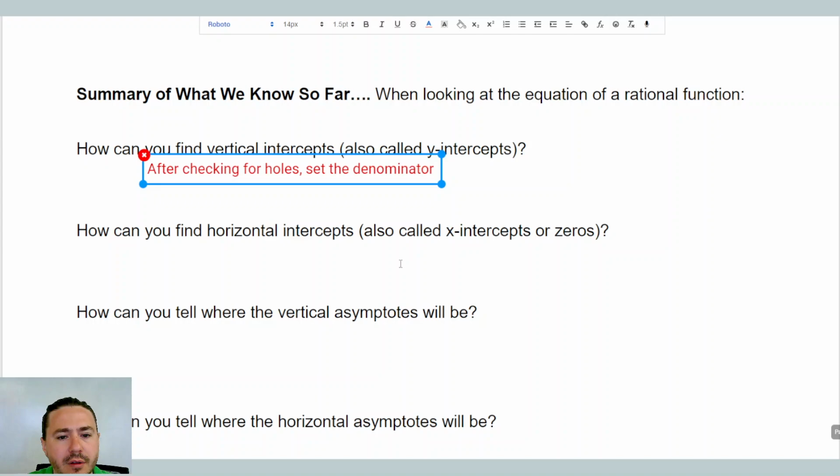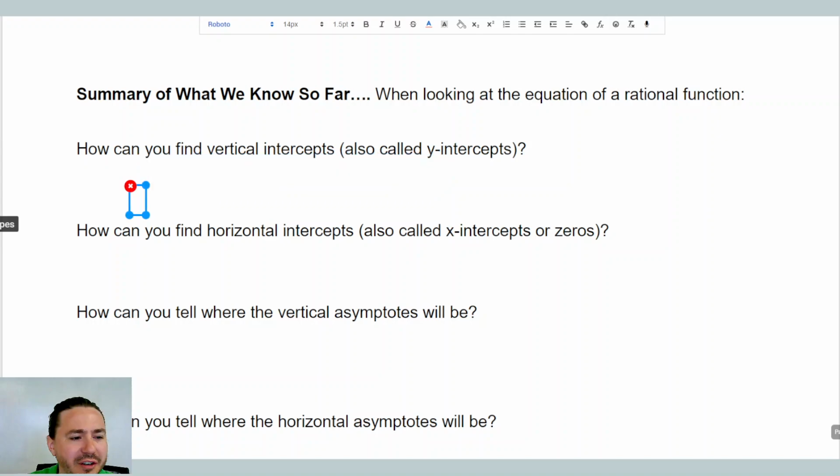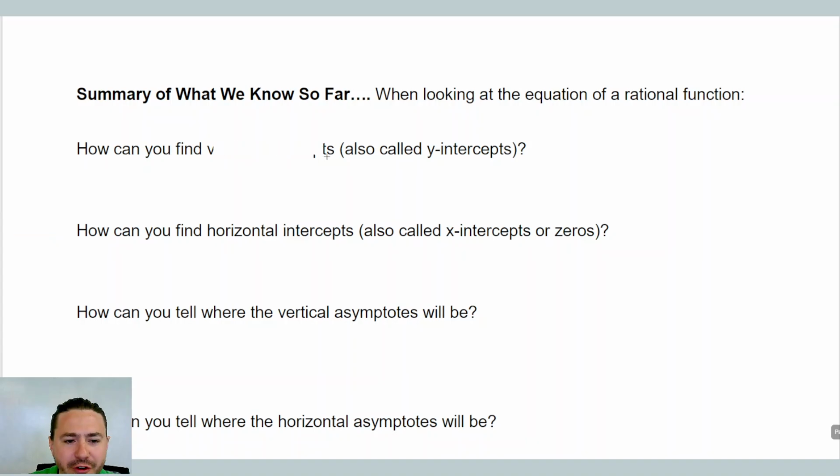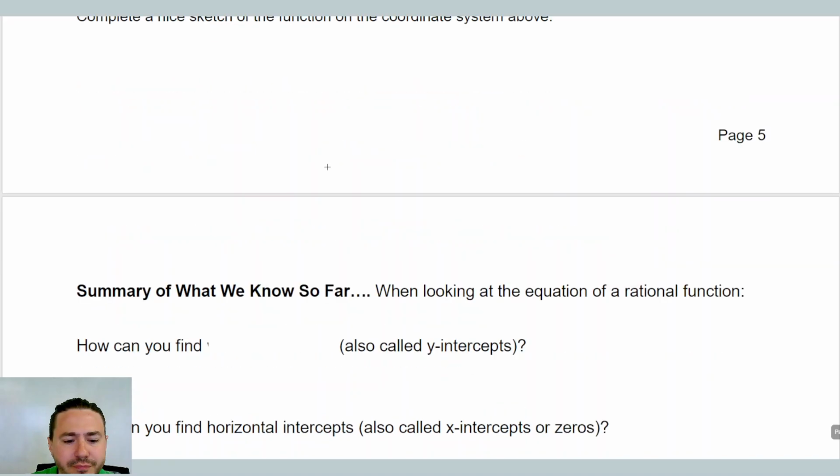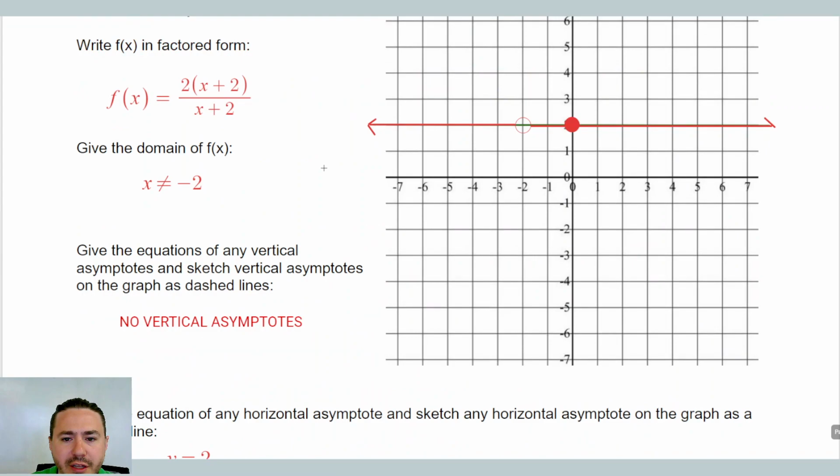Oh gosh, that's a pretty unusual way to call y-intercepts. Okay, my bad. In fact, let's just get rid of that. I don't really like that. It is pretty unusual to call the y-intercept a vertical intercept. I've never even heard that. I'm not saying that people don't call it that, but it is not very typical.